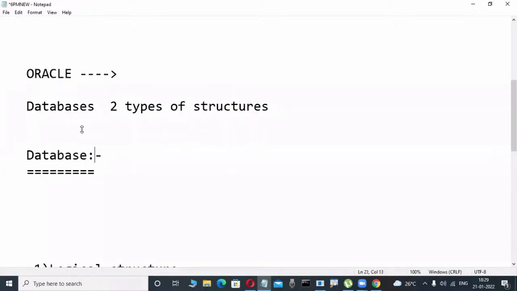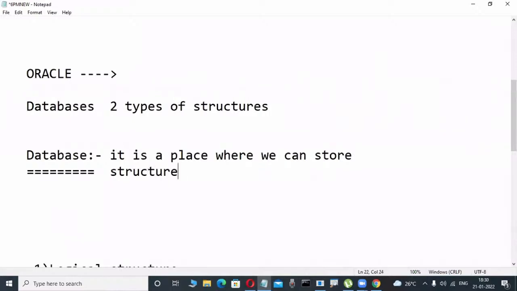Anybody observing in Google or in books, it is a place where we can store structured collection of data. They say only that: where we can store structured collection of data.